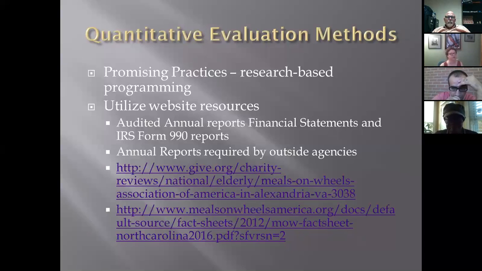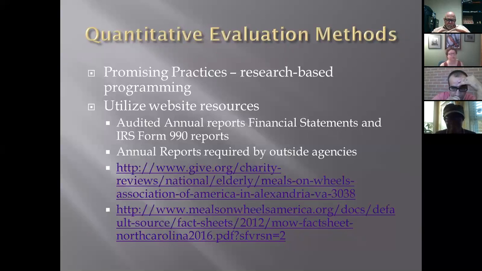So it's looking at those areas. Something to utilize when comparing resources is, in today's society, we have the World Wide Web at our fingertips. So you can look up the audited annual reports, financial statements, and the IRS 990 reports or forms to give you the information on the money side of the organization.